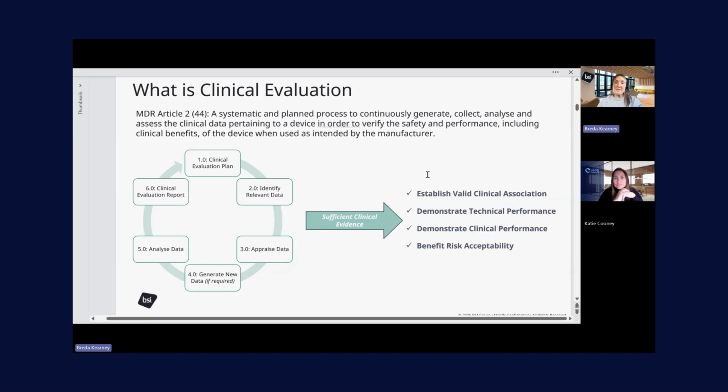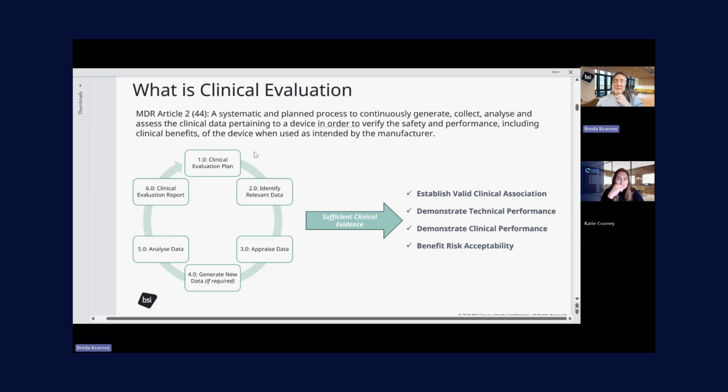So that's what a clinical evaluation actually is. And keep an eye out for a new ISO standard coming out called ISO 18969, which is focused on clinical evaluation. It's going to provide a lot more guidance on the clinical evaluation process.